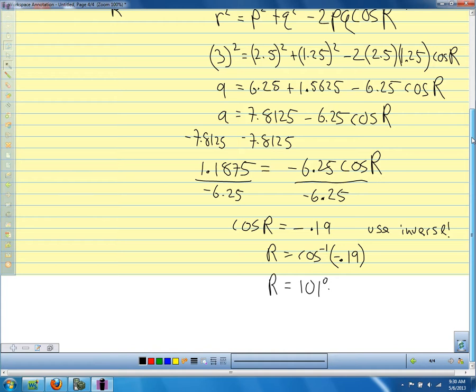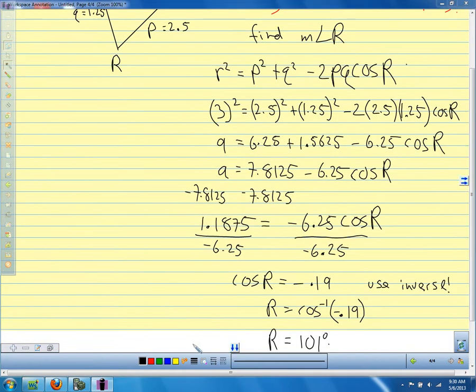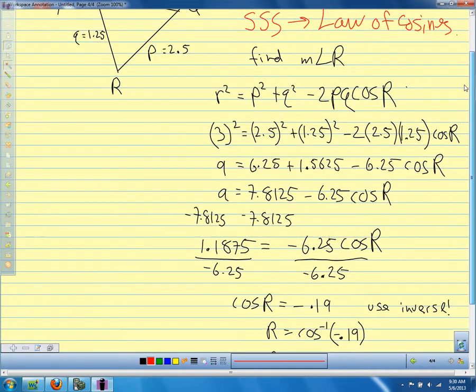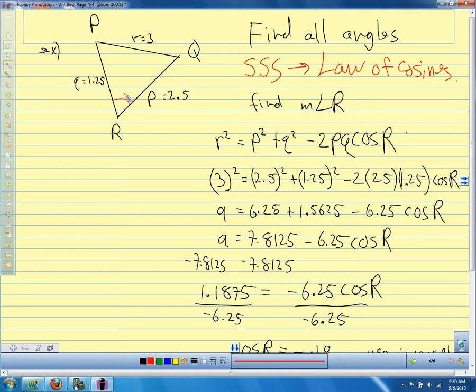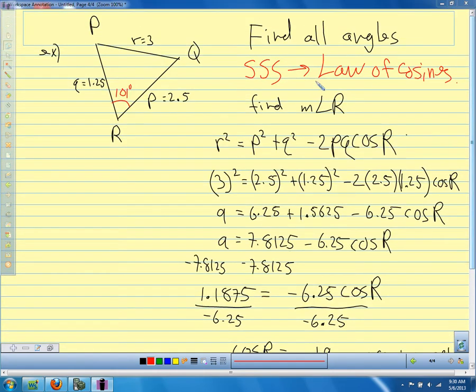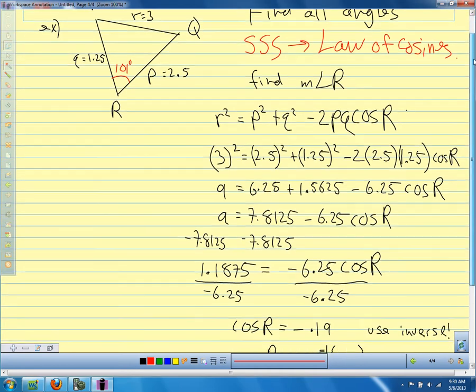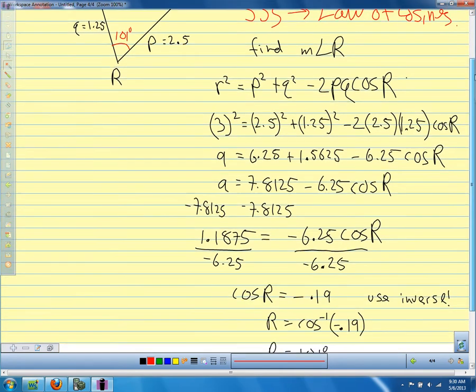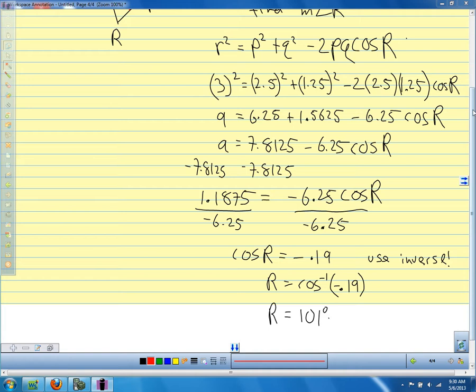So I'm going to put that in my triangle. So I found angle R. The problem asks us to find all the angles. Now I could set up the law of cosines again for one of the other angles. But you can see the law of cosines, not difficult, but it's a lot of arithmetic.